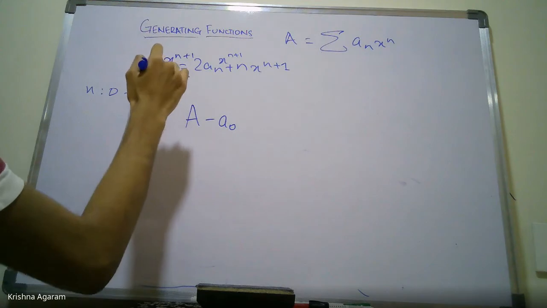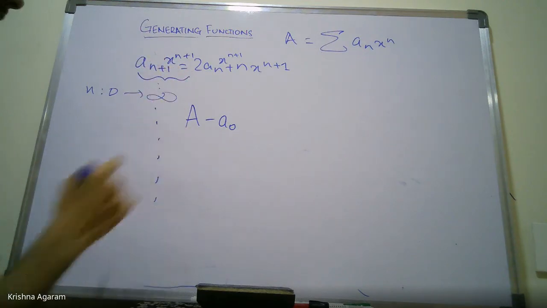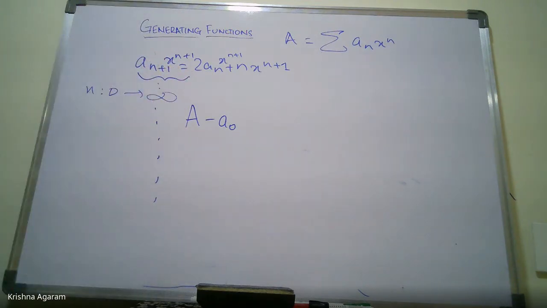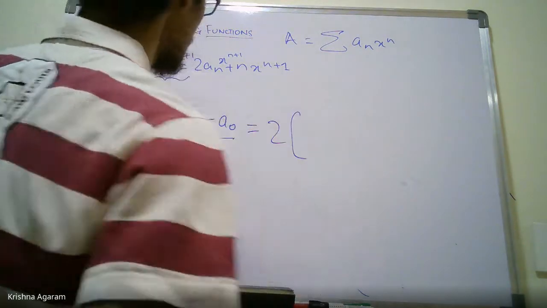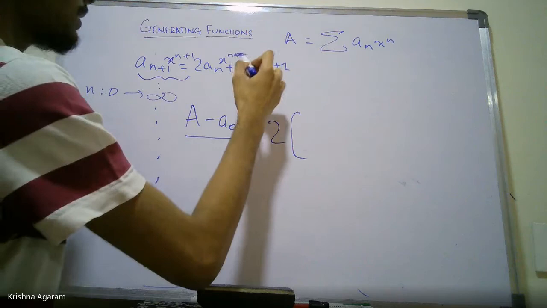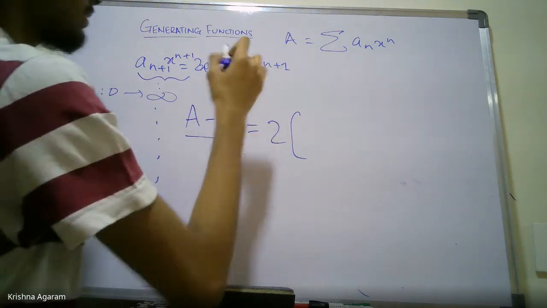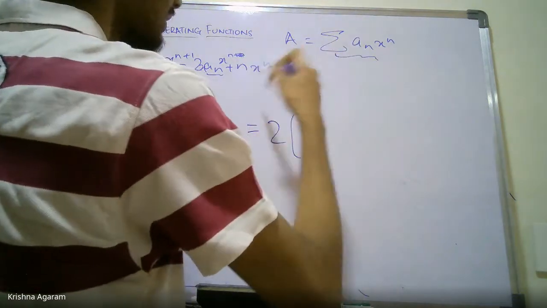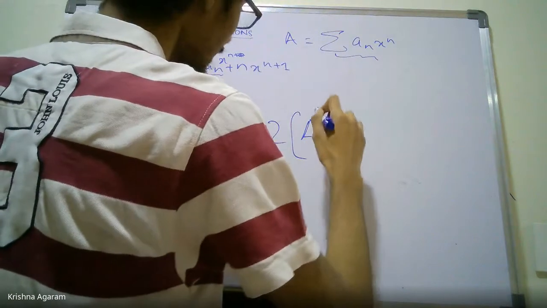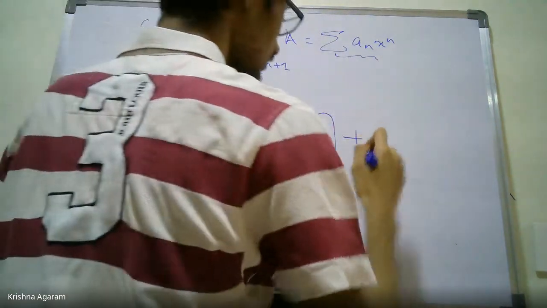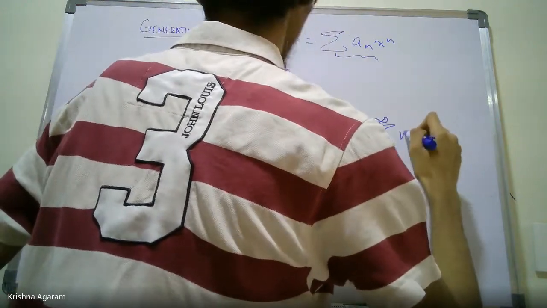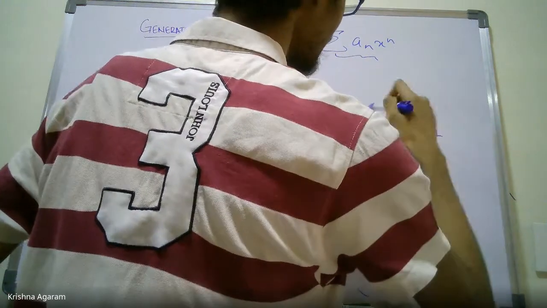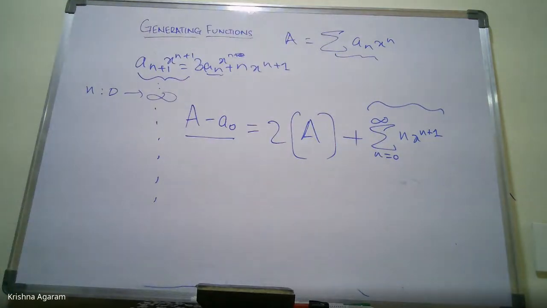So basically keep writing this for n equals 0, 1, 2, and so on and sum it up. So A minus a naught equals 2 times this, x to the n plus 1, I'll write as x into A and x to the n. This is just n equals 0 to infinity, so it's just A plus this. So if these are easy to find, then generating functions can give you an instant answer, right?